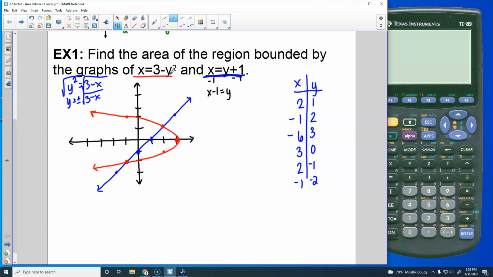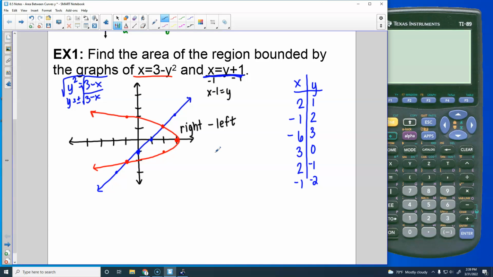So whenever we integrate in terms of y, we need to think about which function is furthest to the right minus the one furthest to the left. So we will be doing right minus left. It's like you have to turn your head sideways when it's in terms of y.